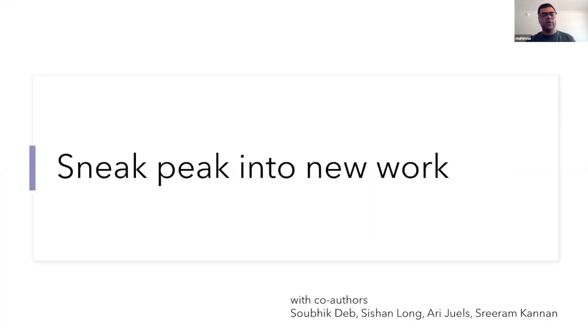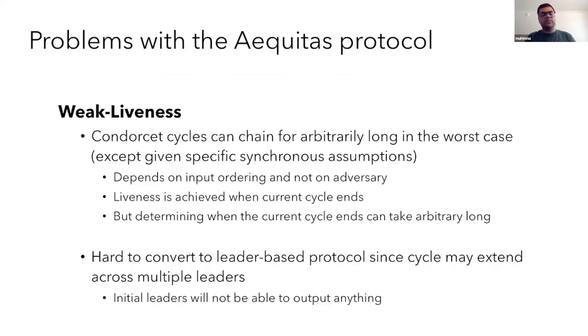I'd like to give you a little bit of a sneak peek into new work. This is joint work with Sobek, Sishan, Ari, and Shriram. Some of the problems that we had with the original Aequitas protocol were this thing we called weak liveness, where Condorcet cycles can chain for arbitrarily long in the worst case.